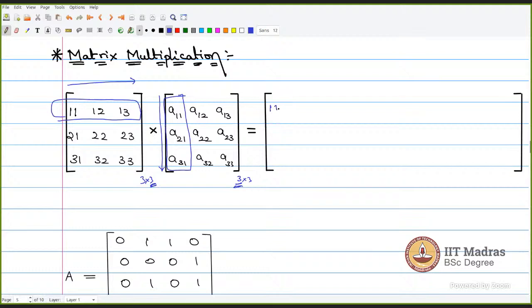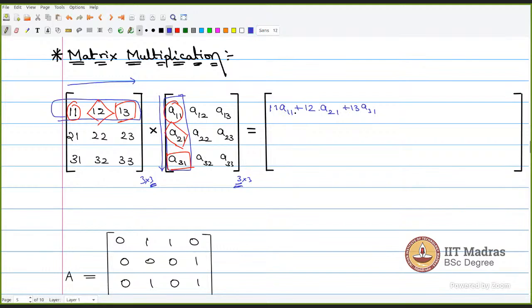So this will be A11 times B11 plus A12 times B21 plus A13 times B31. You see this A11 is multiplied with this B11, this A12 is multiplied with this B21, and this A13 is multiplied with B31, and we add all these three numbers to get the first row, first column element. Similarly, you do the rest also.